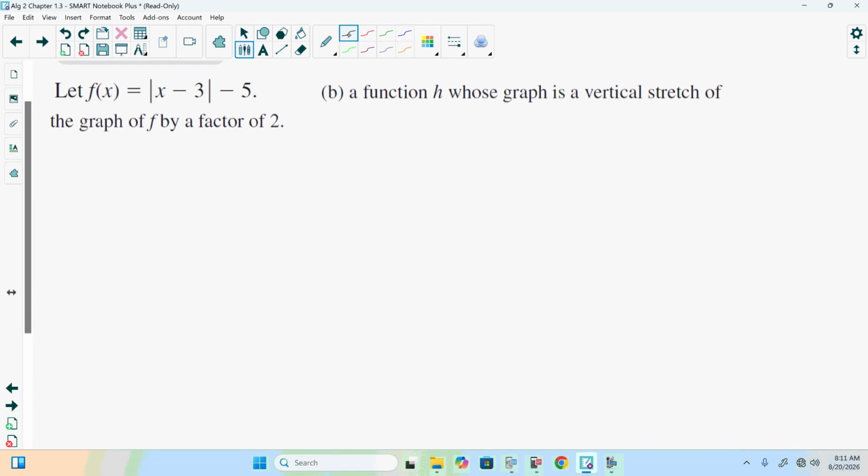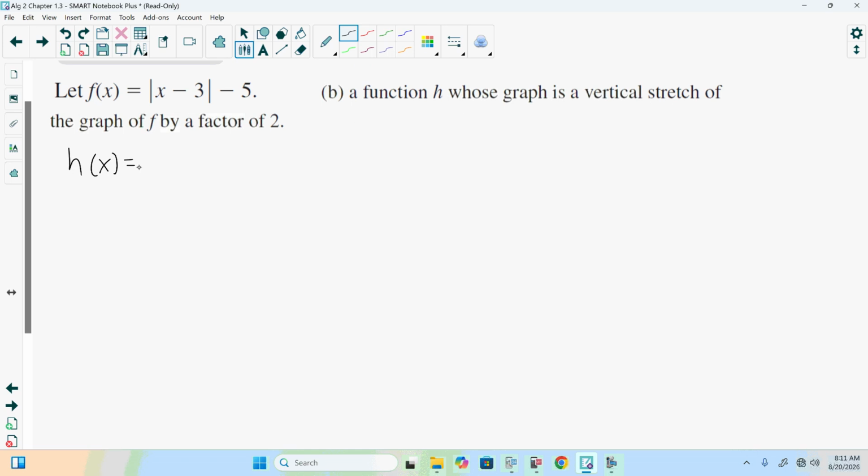Let f of x equal the absolute value of x minus 3, minus 5. And we're going to write a function h whose graph is a vertical stretch of the graph of f by a factor of 2. Okay, we're doing vertical stretch first.